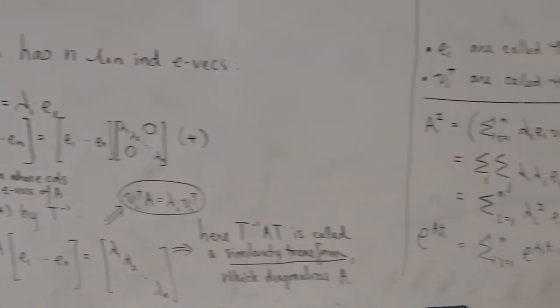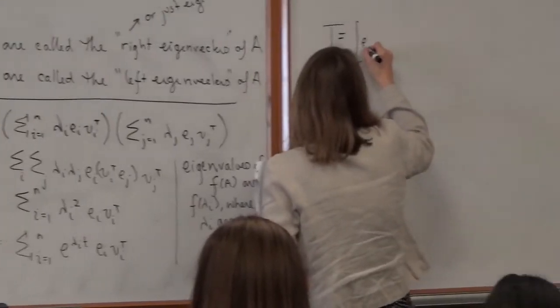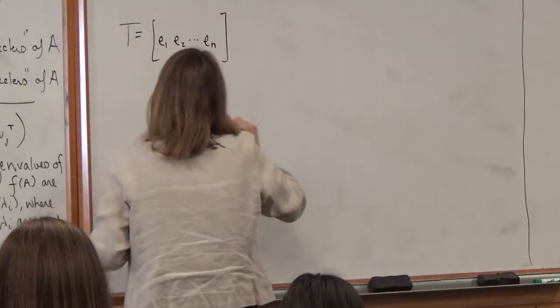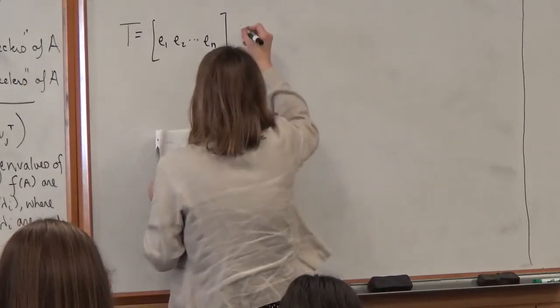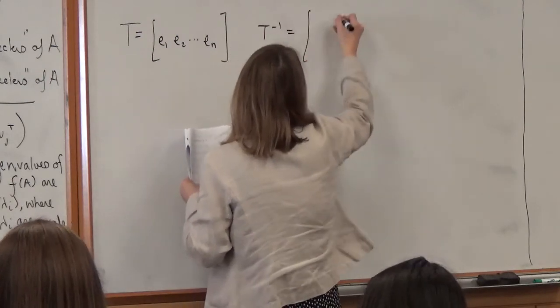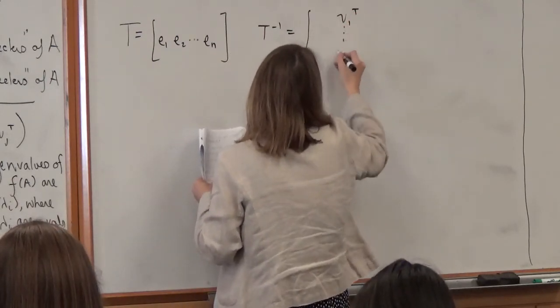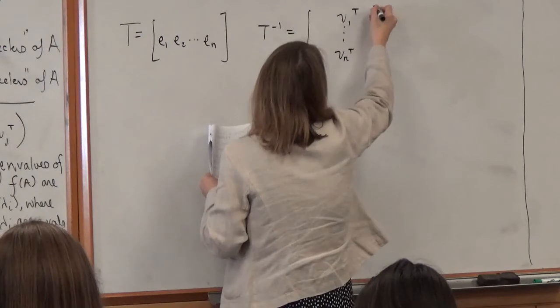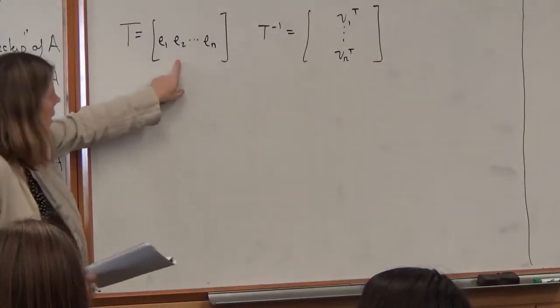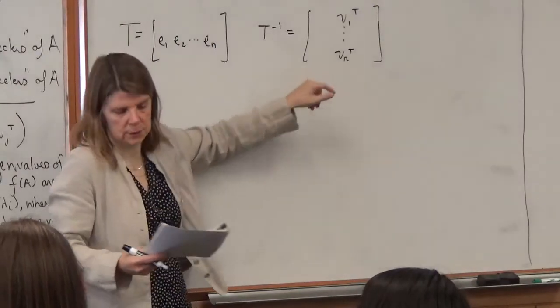So let's persist with what we have on the board and just recognize that in the notes I've used the inverse notation for this. So T is this matrix, and T inverse is the matrix that we computed in terms of its rows, mu 1 up to mu n transpose. One is represented in terms of its columns, the other in terms of its rows.